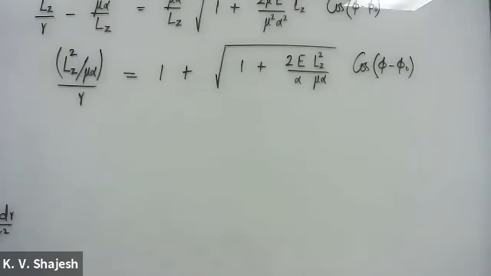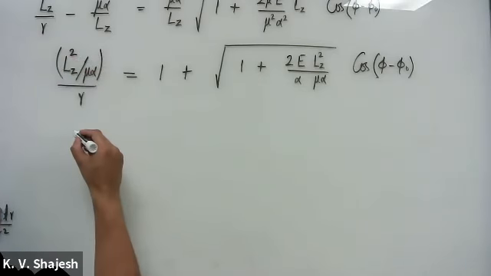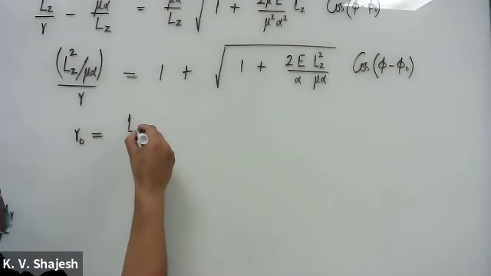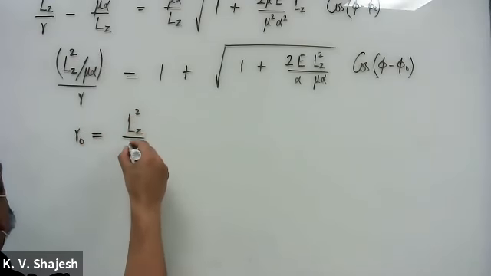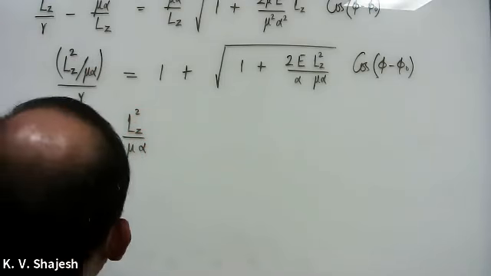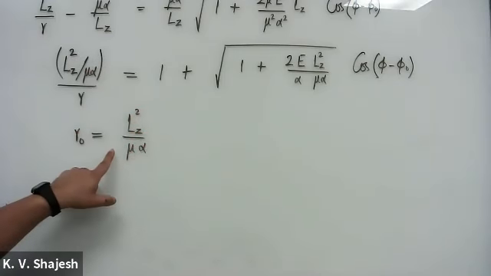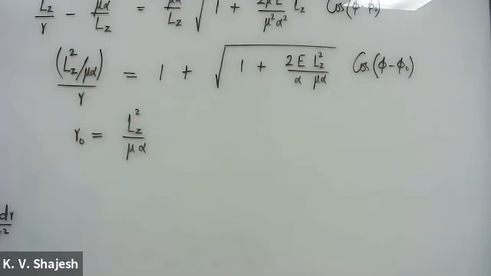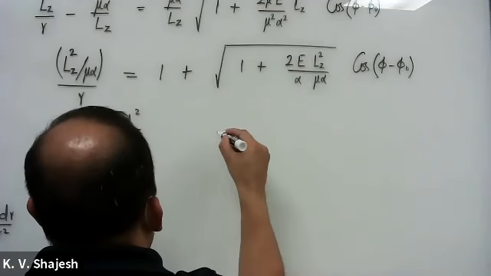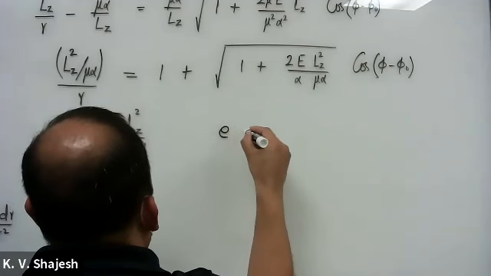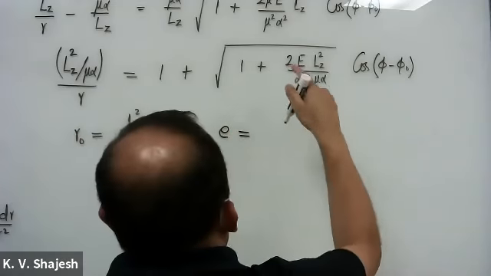Let me define a constant R. So there are only 2 constants now, R naught to be LZ square over mu alpha. And I use R naught because this has the dimensions of position. LZ is angular momentum. And this is a dimensionless parameter. This is what is going to become the eccentricity of the orbit.